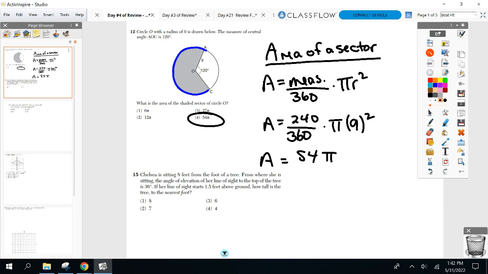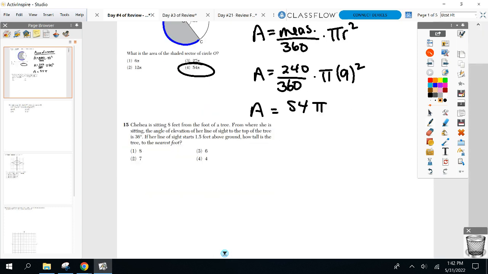All right, next up, 15. We haven't really gone over one of these type problems. Oh, good old Chelsea, sitting 8 feet from a tree. There's a little vocabulary: angle of elevation. Probably going to use SOHCAHTOA here.